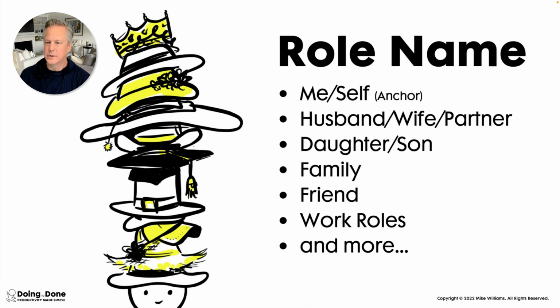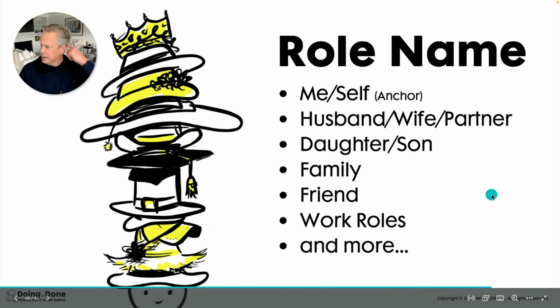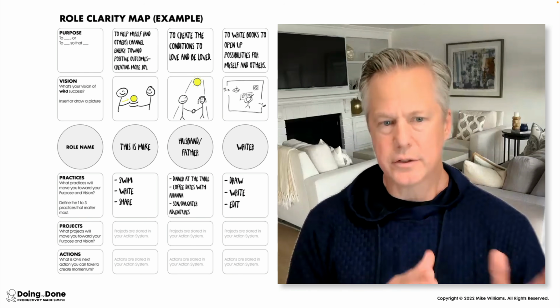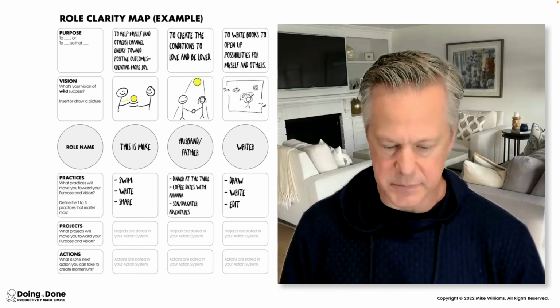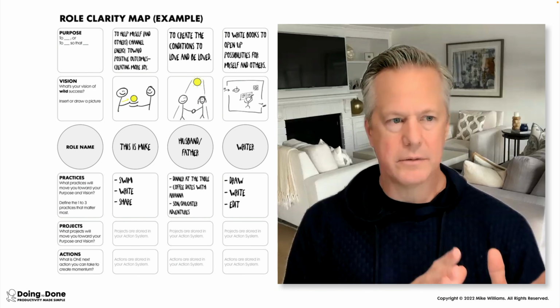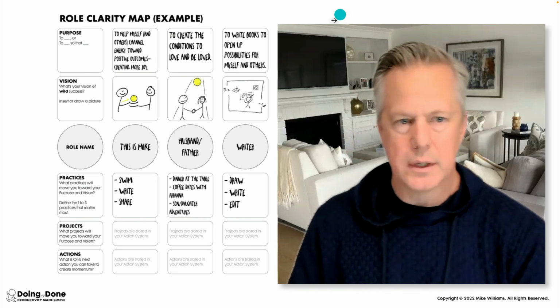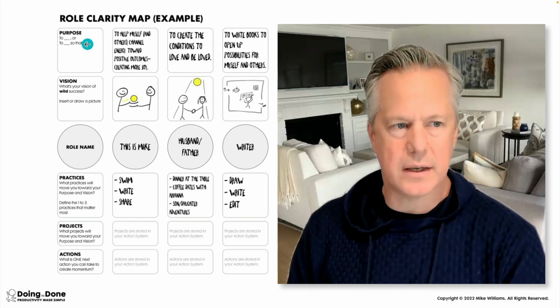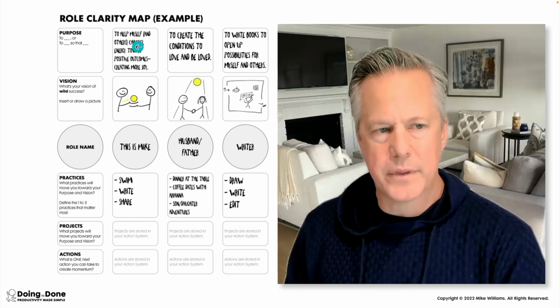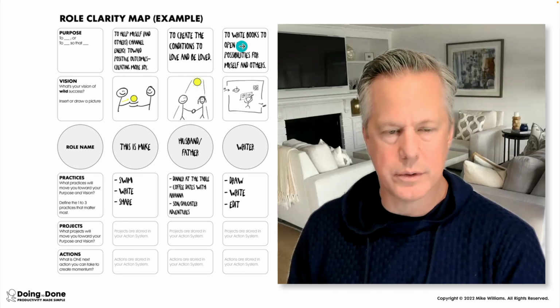So just notice how deliciously complex we are, right? We have all these different roles, and all these different roles are playing a role in our life. So in the tools that Tim gave you, I invite you to go through the activity of defining the purpose for each of your roles.